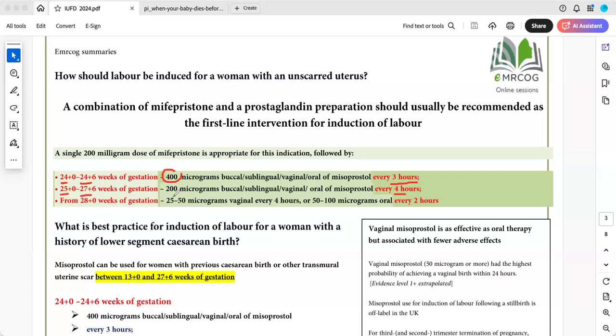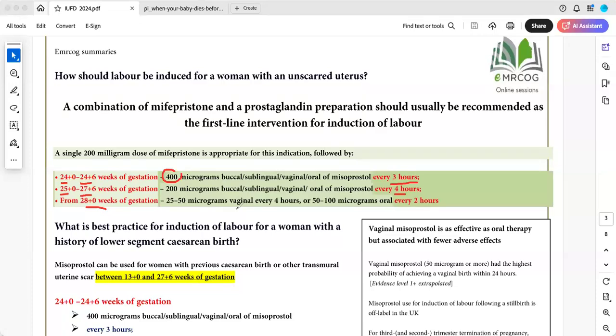Yes, 1,200 per day. So from 24 plus 0 to 24 plus 6, this is double the dose, and also the interval is every 3 hours, so it will be 8 multiplied by 400. Yes, 2,400.